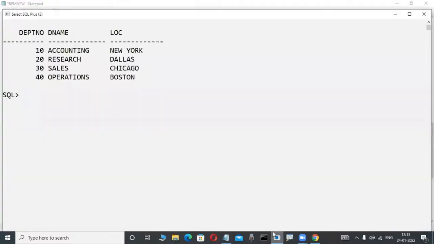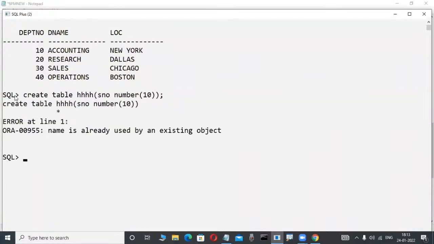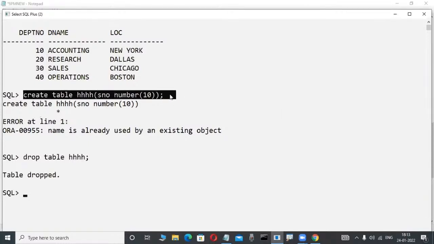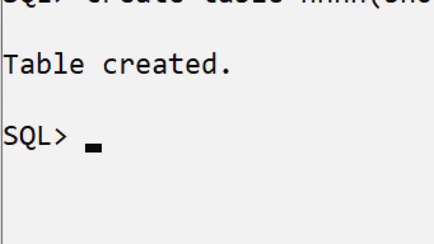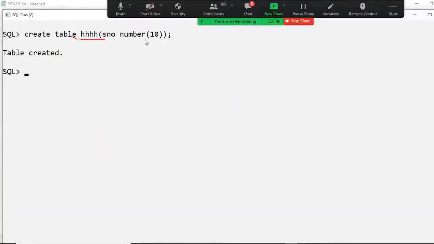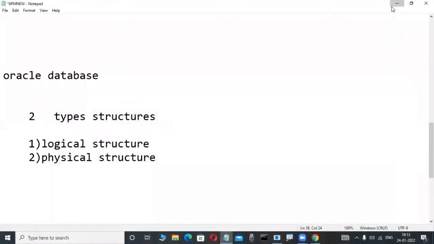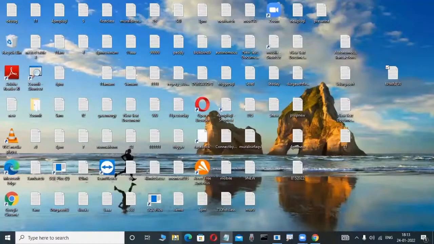Suppose you are creating a table or anything in your database, for example. Whenever I'm creating a table, it is not visible in the operating system.